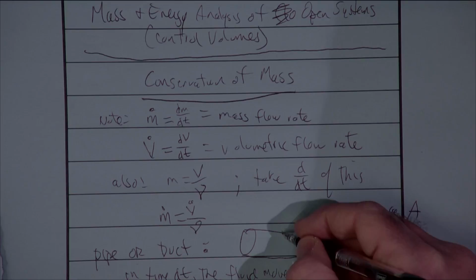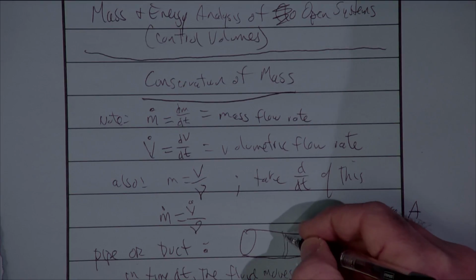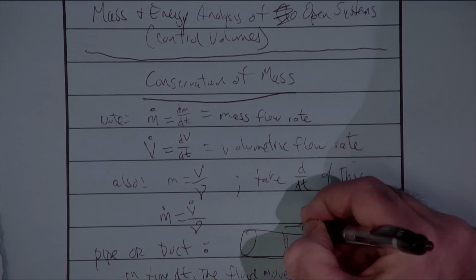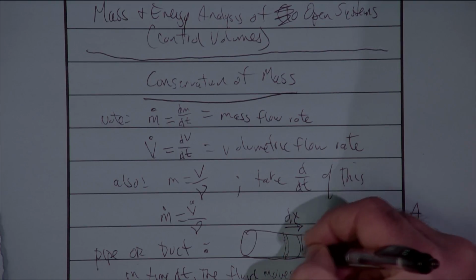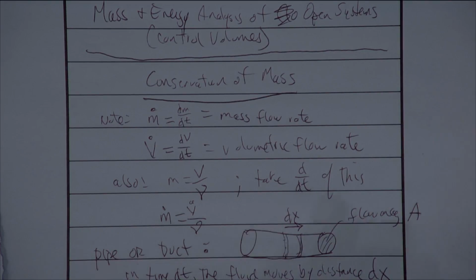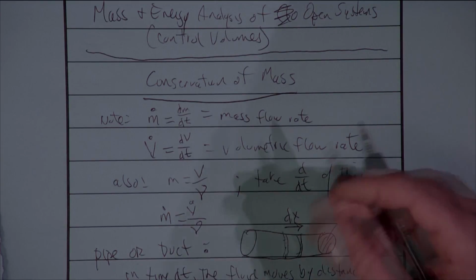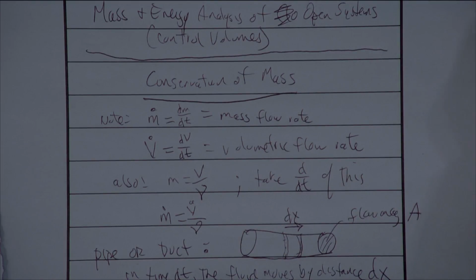So let's just say we're looking at this little increment of fluid that's right here. It's going to move by a small distance dx as it is about to flow into, or for that matter, about to flow out of the pipe or duct.